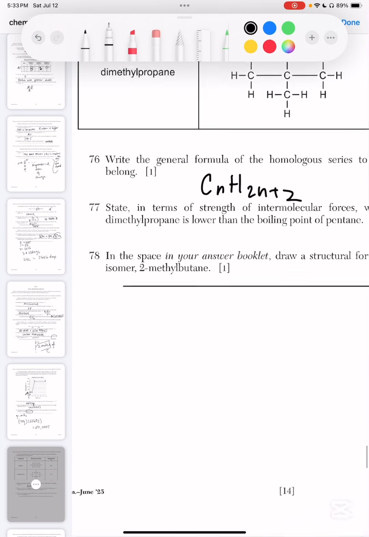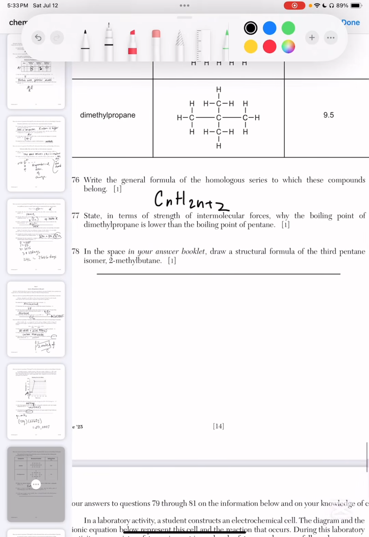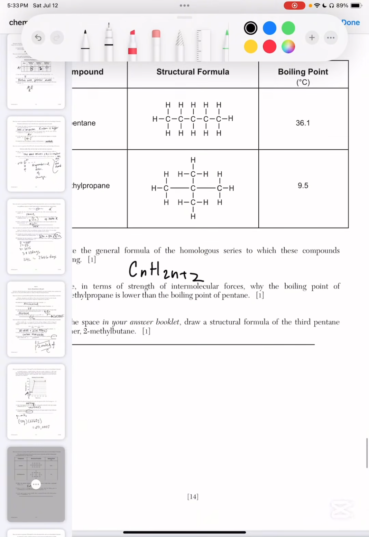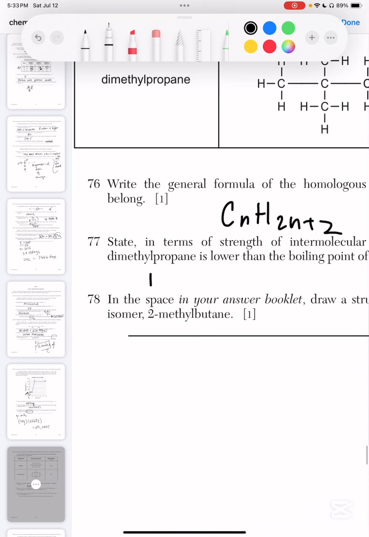State in terms of strength of intermolecular forces why the boiling point of dimethylpropane is lower than the boiling point of pentane. Pentane is higher because it has stronger intermolecular forces.